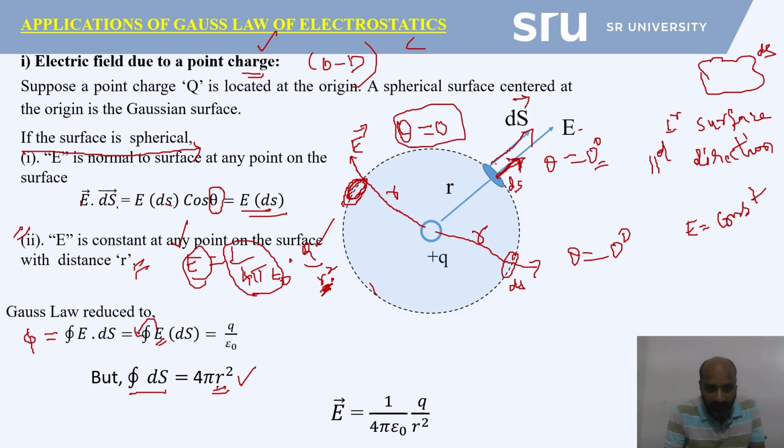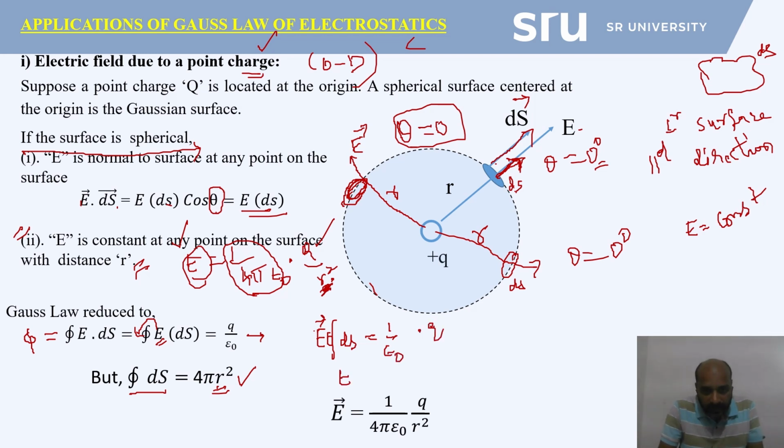Here, I will try to figure this out in detail. I'll start from here. E is constant, so I'll write it out of the integral. Closed surface integral ds is 1 by epsilon naught times q.